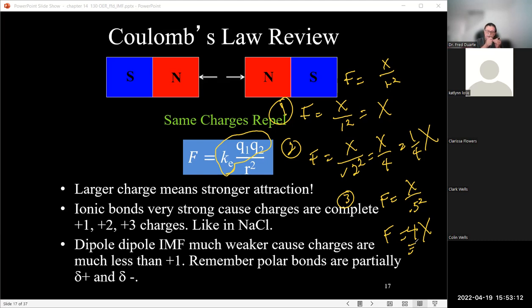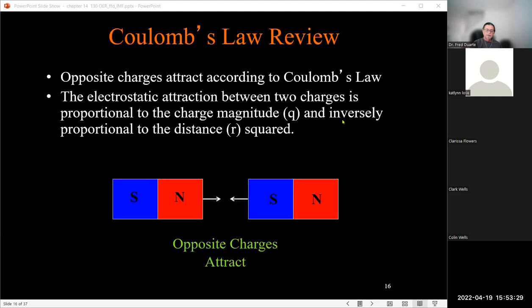with opposite charge, you can feel that force attract, or if they're the same, you can feel that force really repel in the other direction as you get closer. So the takeaway from this equation, Coulomb's law, is just saying that the attraction between 2 charges is directly proportional to the magnitude of the charges, and it is inversely proportional to the distance squared.